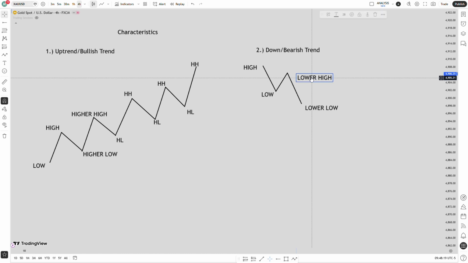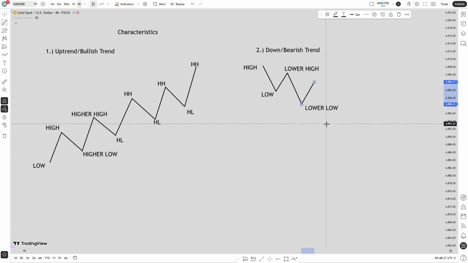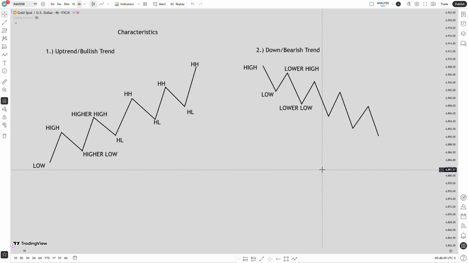I believe it is clear. Now, if the market decides to continue that wave, then how do we label it? A high, a low, a lower high, a lower low. This will now be what? It's simple. Comparing this to this, this is a high compared to this low, but it's meant to be a lower high. So this will be a lower high, while this will be a lower low.